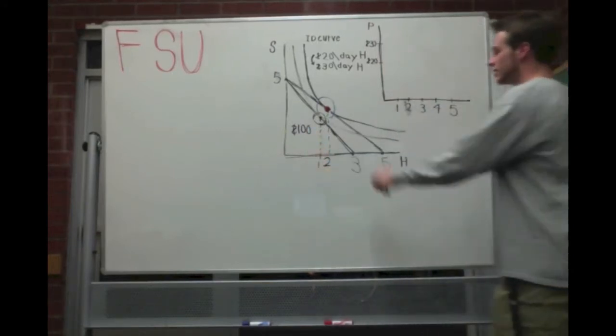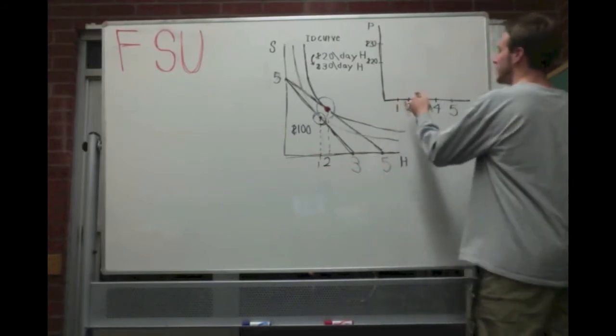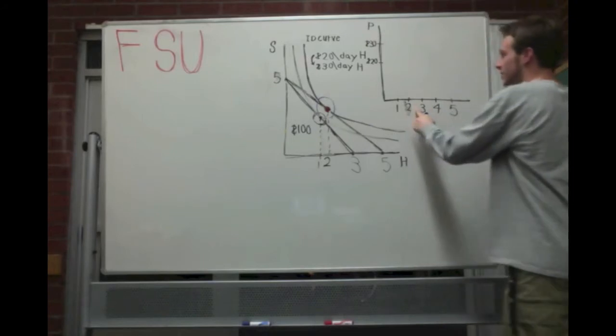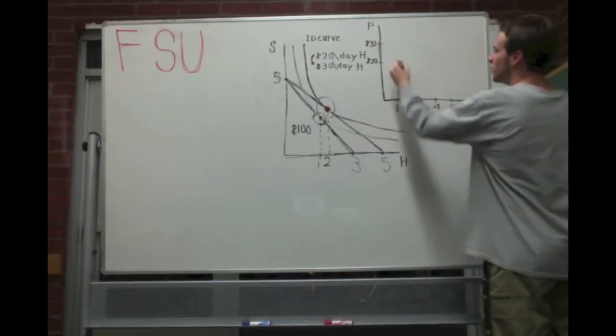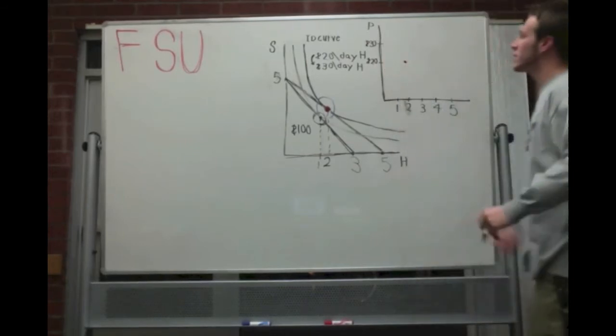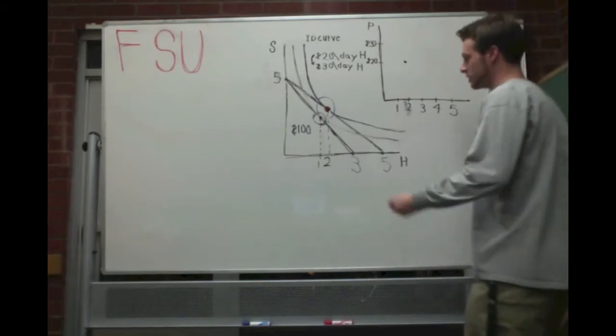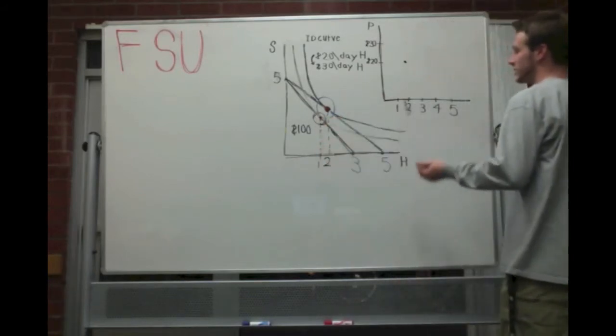So on the first budget line, we have approximately 2 days of horseback riding. The price of that budget line was $20. So we're going to plot that point about right there. And then for our second budget line, we have the optimal point at about 1 when the price is 30.